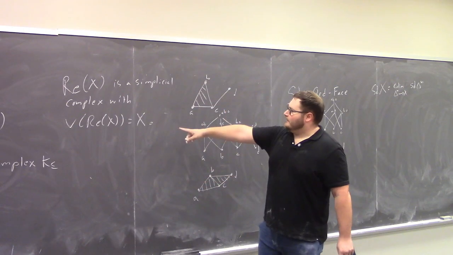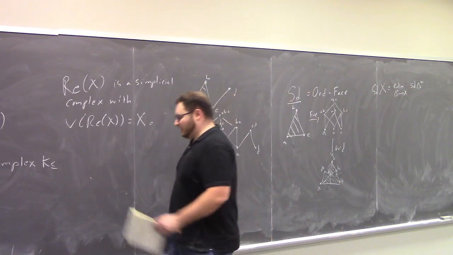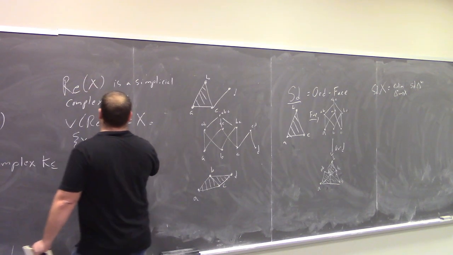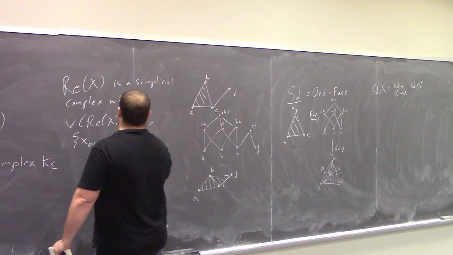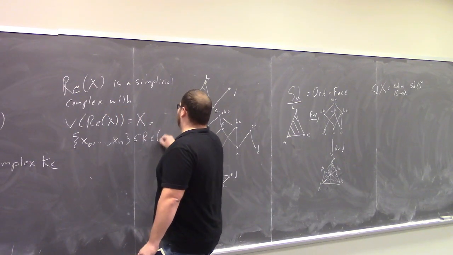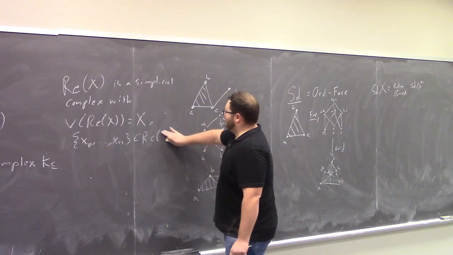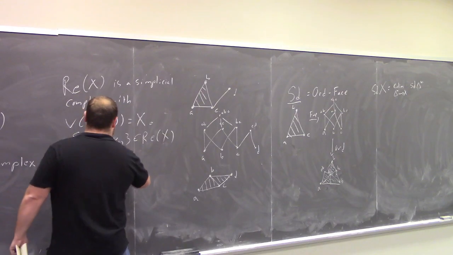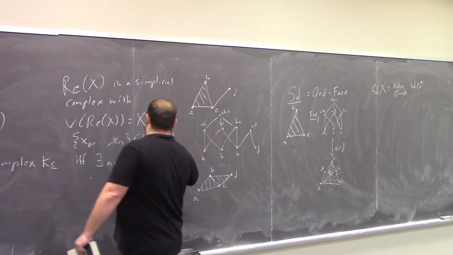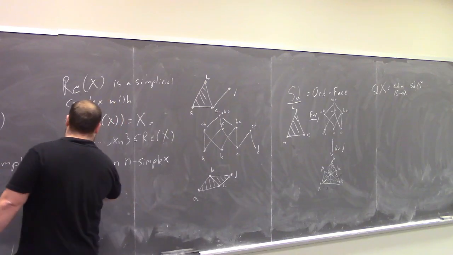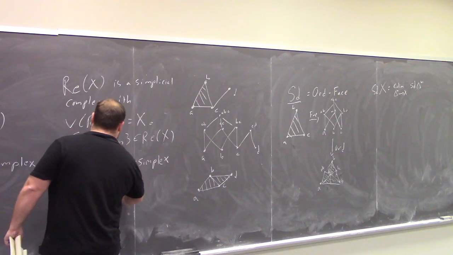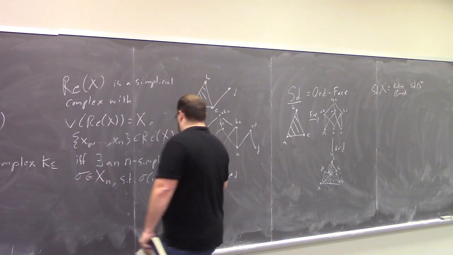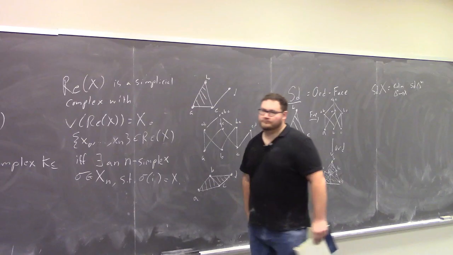The vertices are just the vertices of the simplicial set, and x0 up to xn is a simplex of the simplicial complex if and only if there exists an n-simplex sigma in Xn such that the ith vertex of sigma is xi.